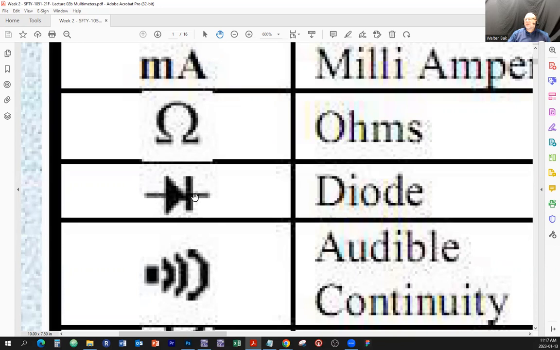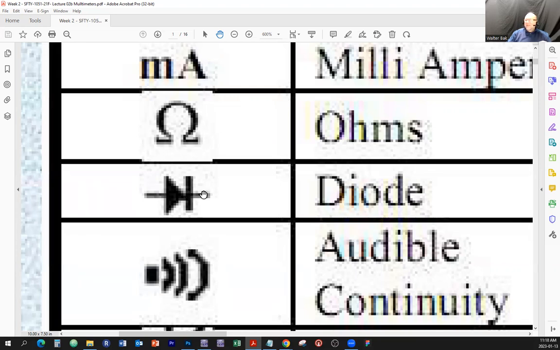The diode is not a piece of wire. The diode needs a little bit of a voltage to make it conduct. So with the silicon diode, you're going to read about 0.7 on the display, which is the forward bias voltage, which is the voltage that makes the diode conduct.